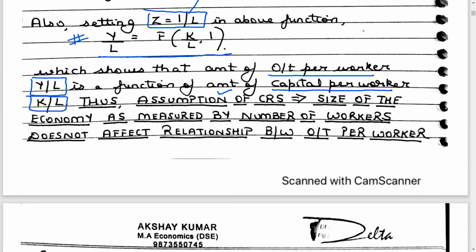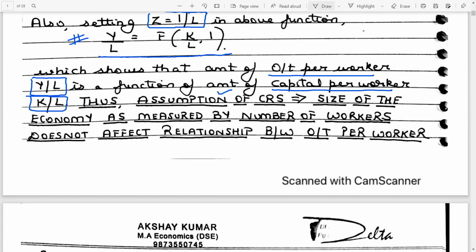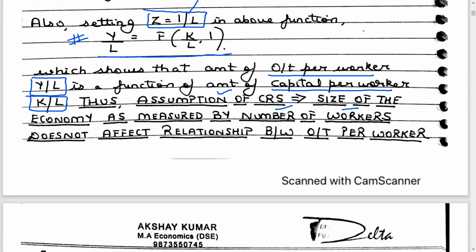And the size of the economy is captured by the number of workers. So since the production function exhibits constant returns to scale, output per worker will directly be a function of the capital per worker. The size of the labor force, which we denote by L, the number of workers, will not affect the relationship between the output per worker and the capital per worker.